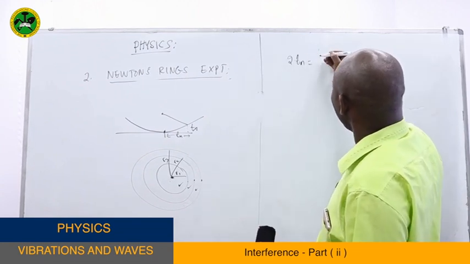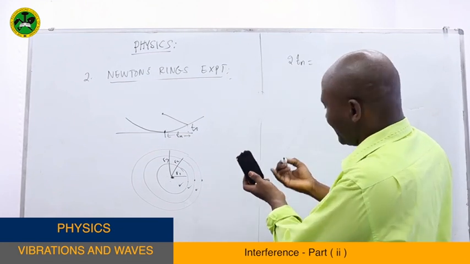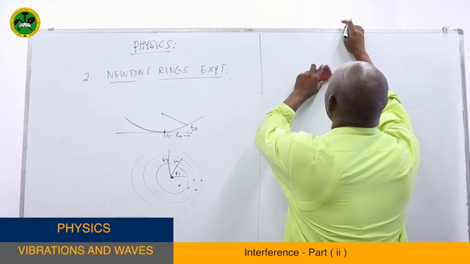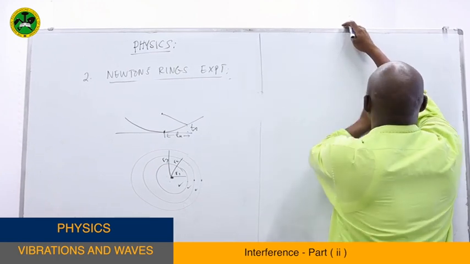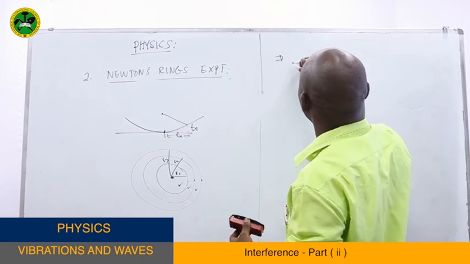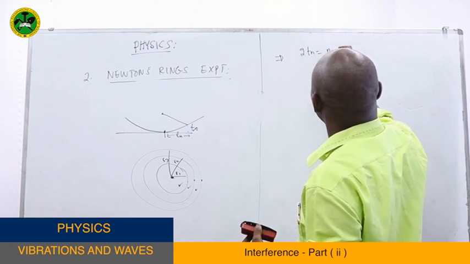2Tn will be n lambda. And now the formula changes. When you derive that formula, we come up with a formula, because we talk of 2Tn equals n lambda.